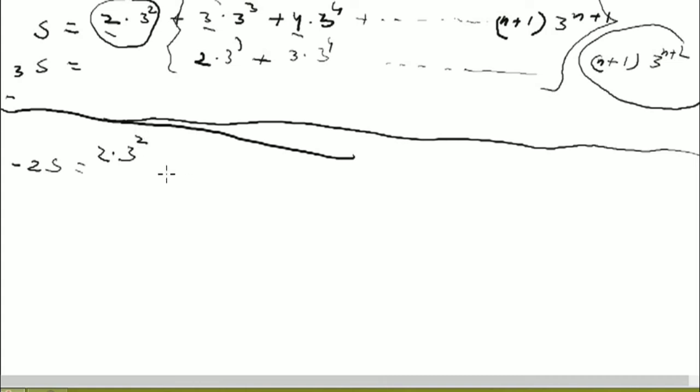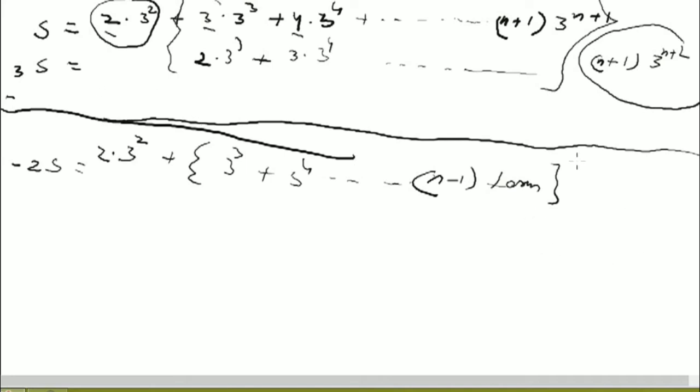How many terms are there? As I have left one item, so n minus 1 terms. Be careful, all the time it is n minus 1 terms, and we have identified the series. On subtraction it is becoming a pure GP. The last term is left over as it is, n plus 1, 3 to the power n plus 2.